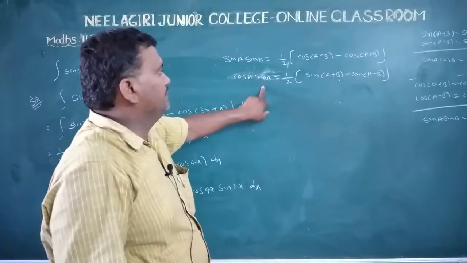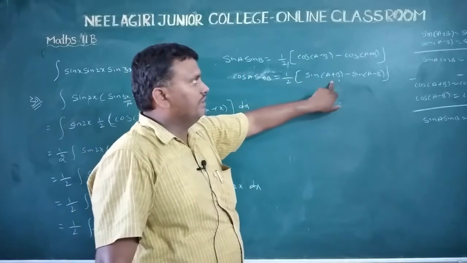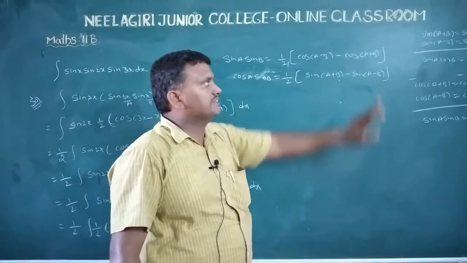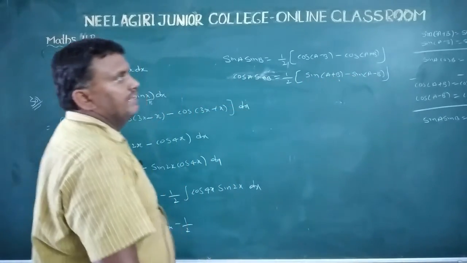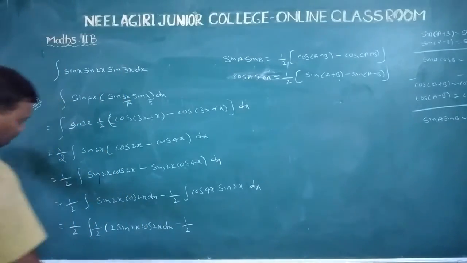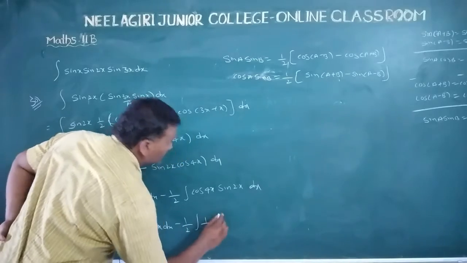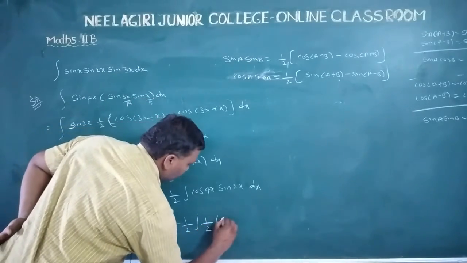Cos a sin b is equal to 1 by 2 into sin of a plus b minus sin of a minus b. Next, integration of 1 by 2 into sin of a plus b.